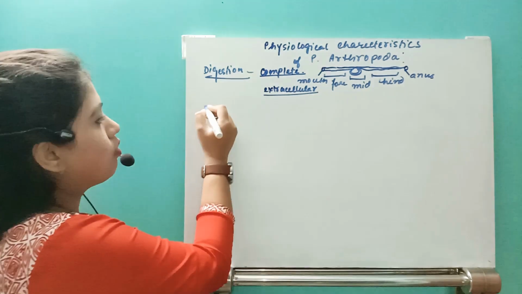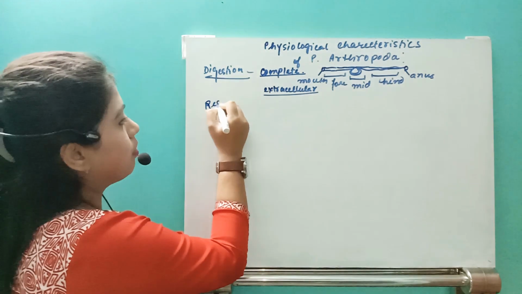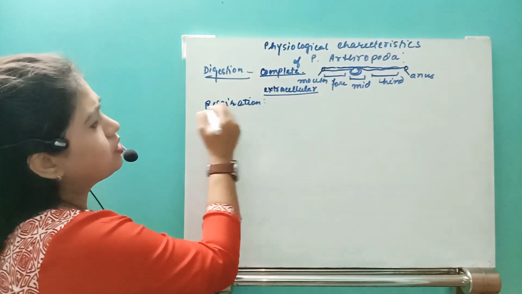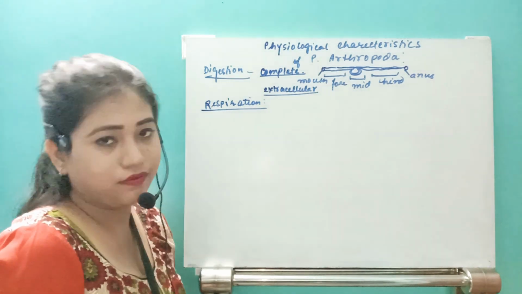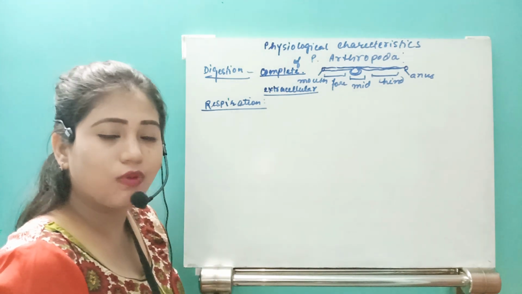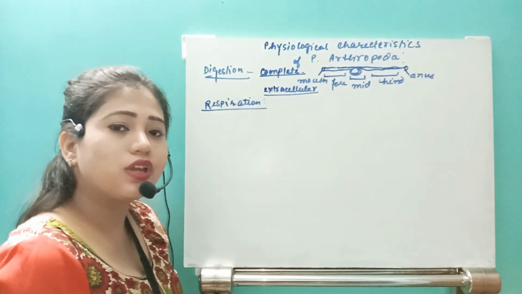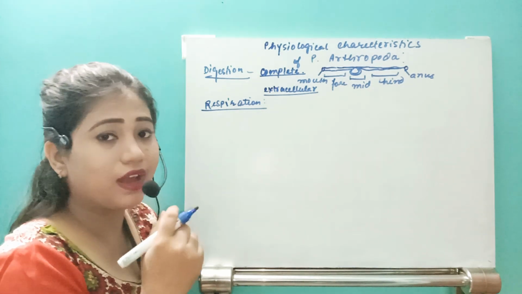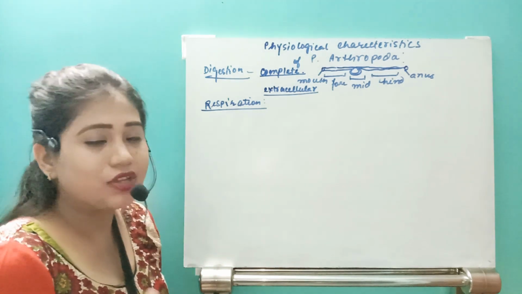Remember that. Now come to the next physiology, that is about their respiration. Now let us see what types of respiration are available. This organism lives in aquatic conditions as well as in terrestrial conditions. So this organism will adapt its respiratory organ to survive in the aquatic condition as well as in the terrestrial condition.